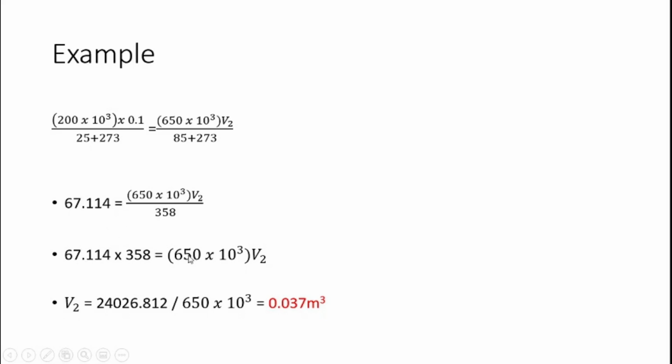So I brought the 358 up. So all of that equals 650 kilo over V2. I've then brought the 650 down. So 67.114 times 358 gives you all of this, 24026. Then to leave the V2 there, I brought the 650 down. So 24026 divided by 650 kilo gives me a volume of 0.037 cubic meters.